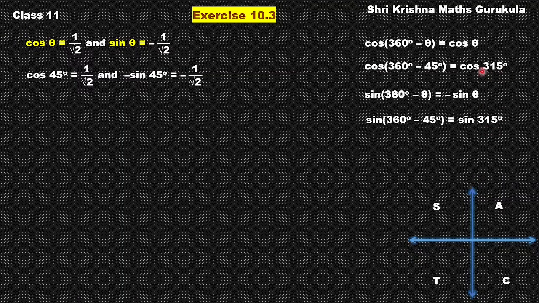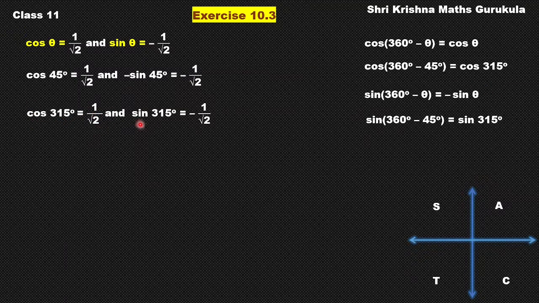So we have got the angle now in the fourth quadrant, which is 315. So we will write it. Cos 315 is 1 by root 2 and sin 315 is minus 1 by root 2. Why are we writing for both the terms when cos 45 was already positive and it was right only?